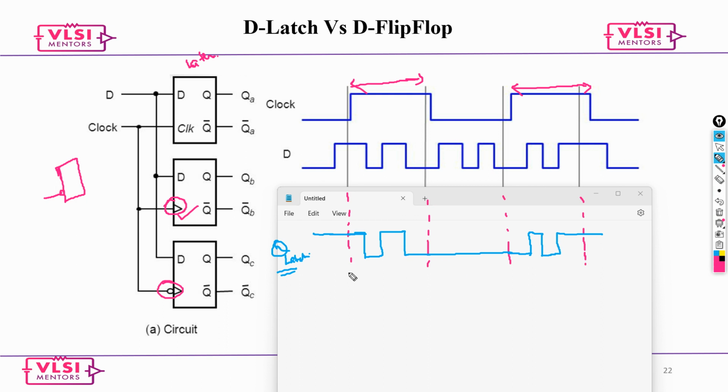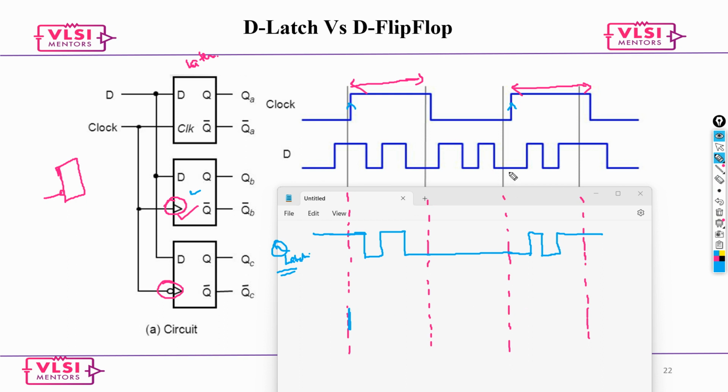And now when it comes to registers or flip flops, what is it going to be? It is going to be only on the positive edge, whatever the value is. Say this is a positive edge triggered flip flop. At that point of time, it is one.